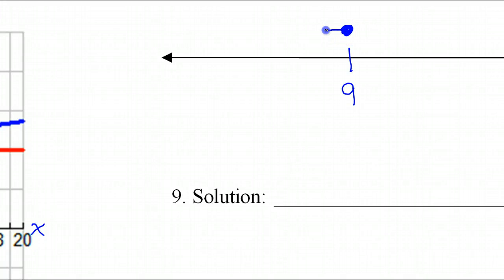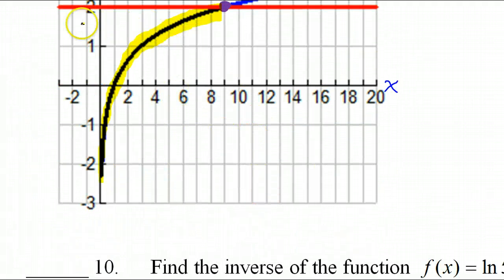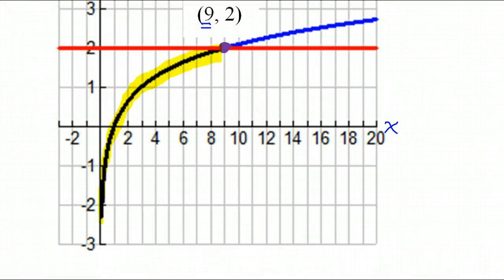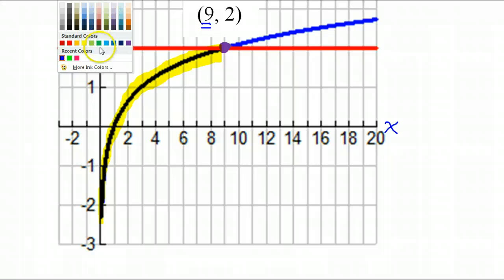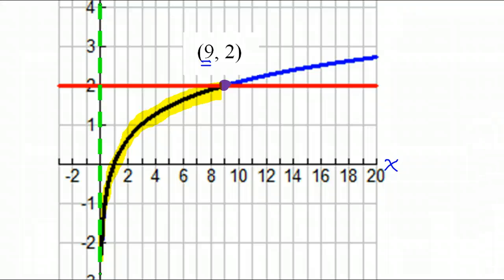Now, am I going to go all the way to negative infinity? Look back at that graph again. Is this graph going to negative infinity? No, it is not. The reason why: asymptote.